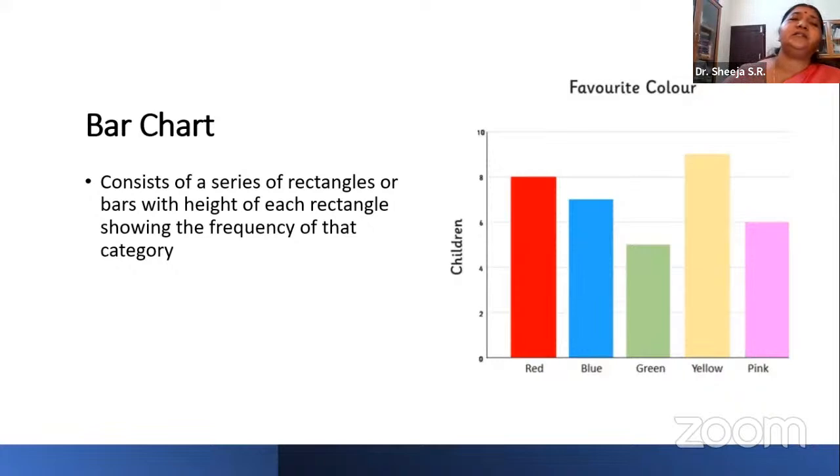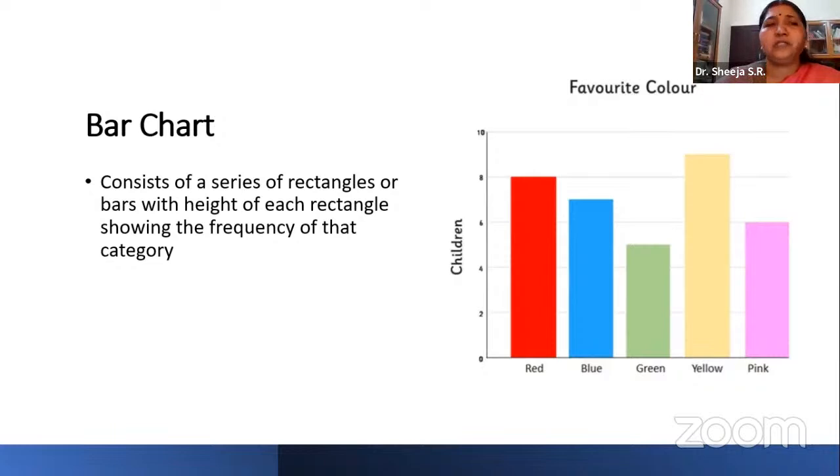So bar chart consists of a series of rectangles or bars with height of each rectangle showing the frequency of that category. Here, favorite color of children are given.